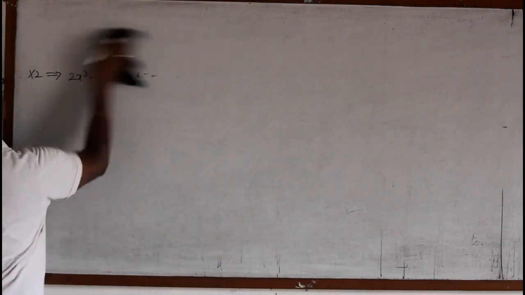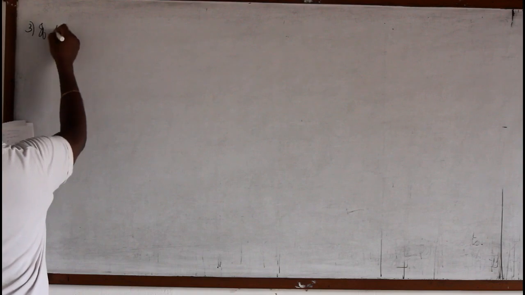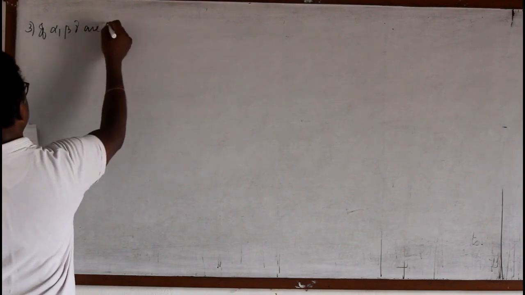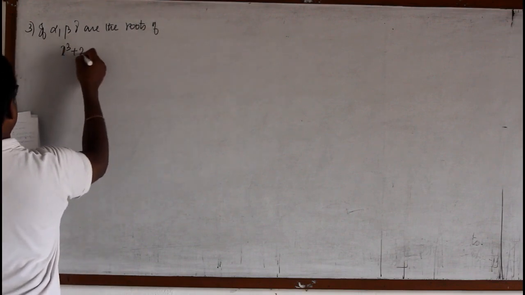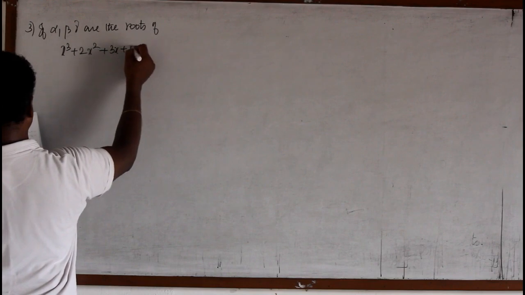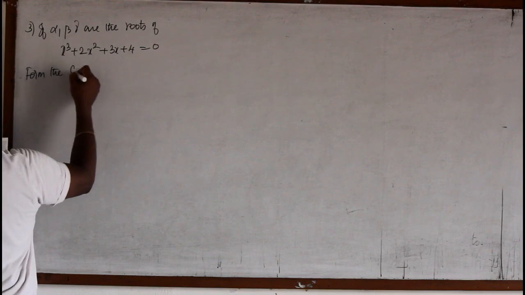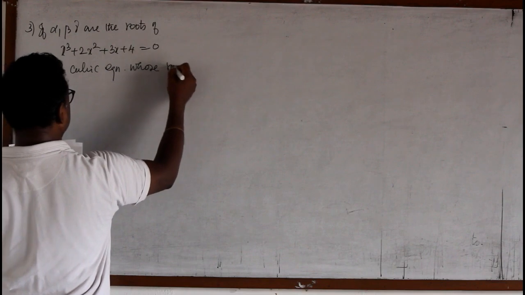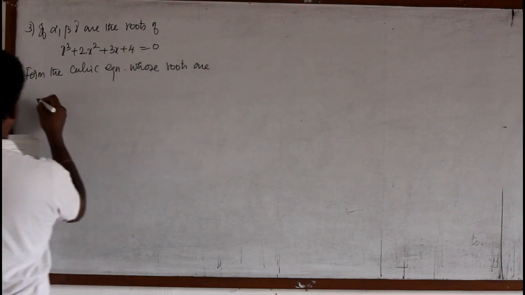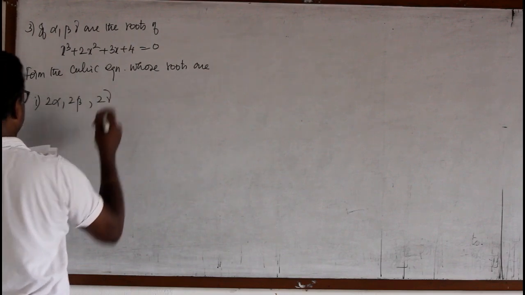So let's start problem number 3. If alpha, beta, gamma are the roots of x cube plus 2x square plus 3x plus 4 equal to 0, form the cubic equation whose roots are: first question, 2 alpha, 2 beta, 2 gamma.